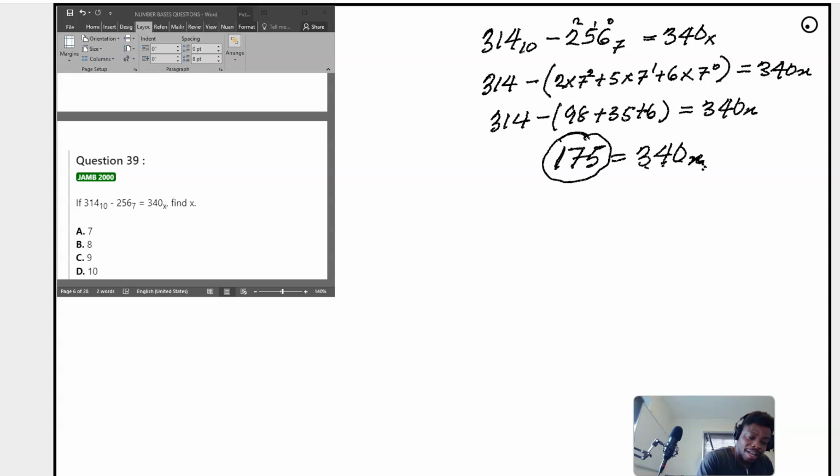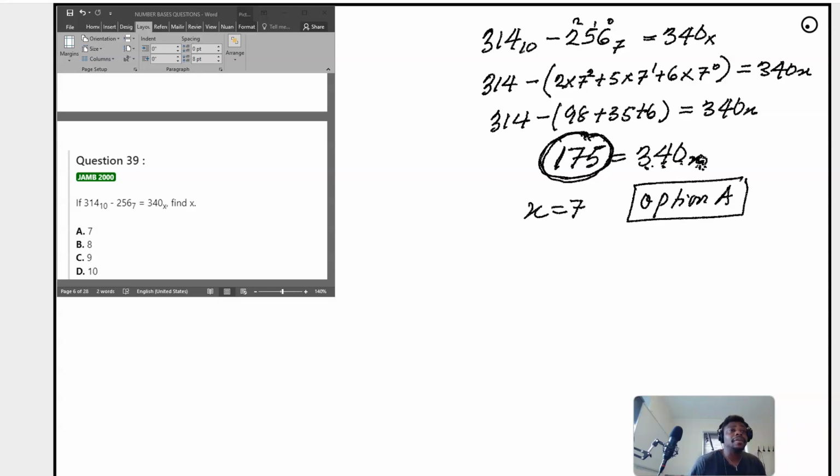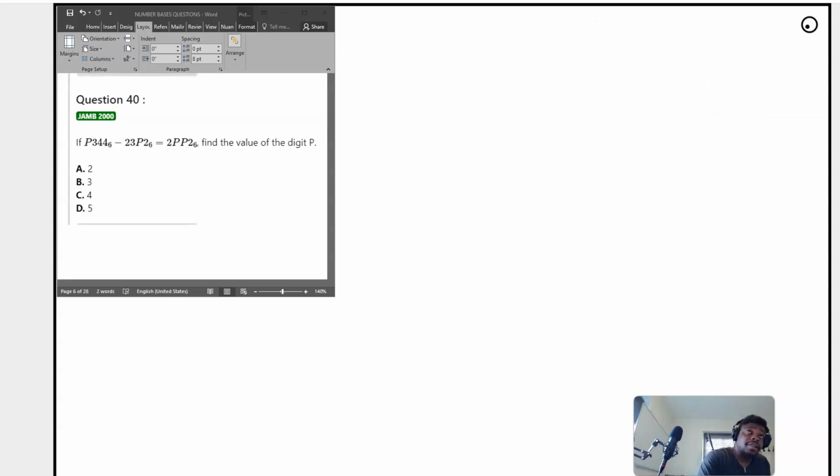So converting 340, assuming x is 7 in base 7, will give us 175. So that means our option A is the correct answer. So x is equal to 7. Why? Because 7 times 3, 21, 21 plus 4, 25, 25 times 7, 175, 175 plus 0, 175, which is in base 10. Okay, so let's solve this.